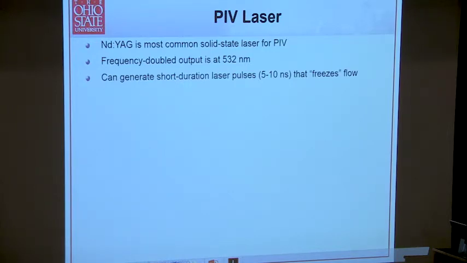What you want in one of these flows is short duration laser pulses, on the order of nanoseconds, so that it freezes the flow and you're actually getting something that resembles an instantaneous realization of the flow. The typical operation is at 10 to 30 hertz, although in this day and age, we know that there's high-speed imaging, so we can get kilohertz rate lasers without problem. But your conventional system that you still operate now is about 10 to 30 pulses per second.